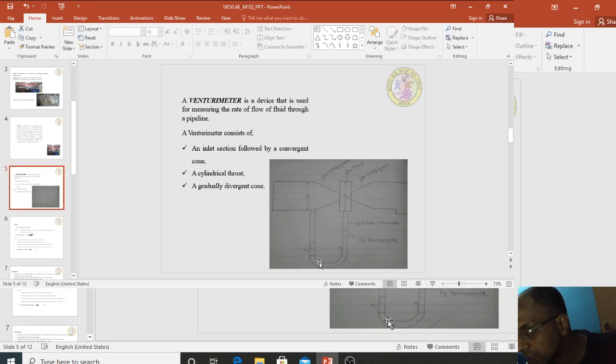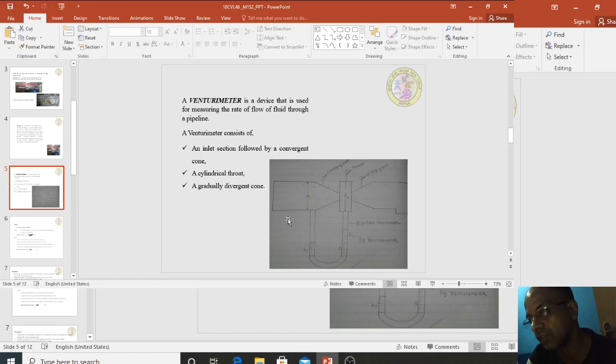And it consists of a U-tube manometer. You can see a U-tube manometer, and the manometer head of water will be there, that is H1 and H2. The diameter of the pipe, converging and diverging, will be the same size, therefore it is D1, whereas the throat will be a different diameter, that is D2. So when D1 is equal to D2, then there is no Venturi meter at all.